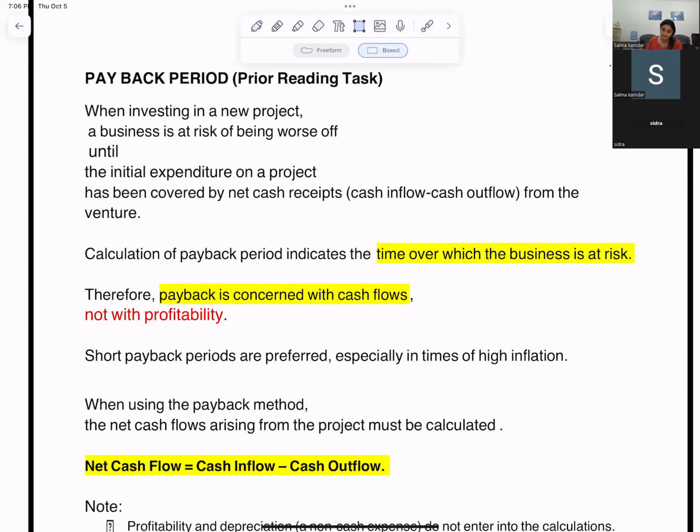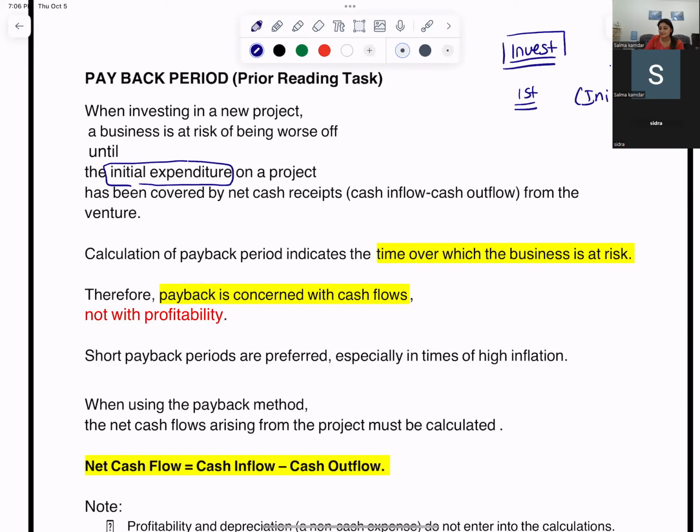Whenever you invest in a project, the first thing that you want is your initial investment to come back. This should be your first concern. After that, you will look at the profitability.